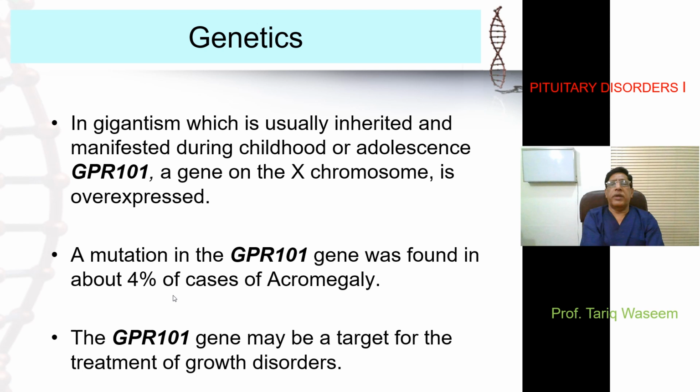Sometimes this gene can result from a mutation, which is responsible for almost 4% of the cases in acromegaly. And this GPR101 gene may be a target for the treatment of growth disorders that we might have soon, with GPR101 being manipulated by genetic engineering to either be expressed or not expressed on the X chromosome, so we can possibly treat these individuals by genetic engineering as well.